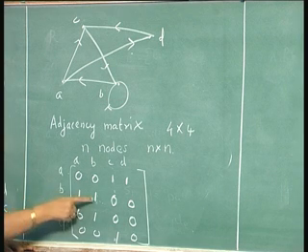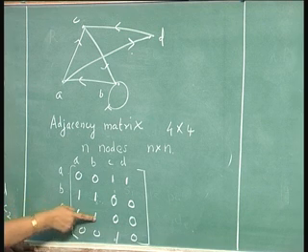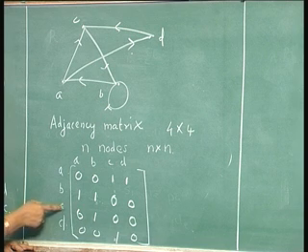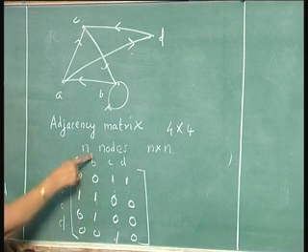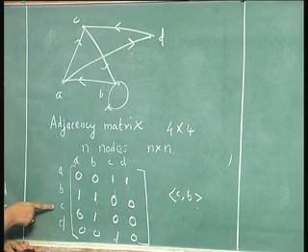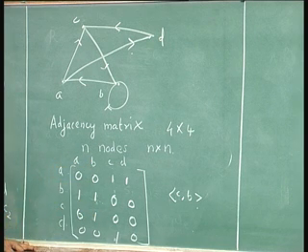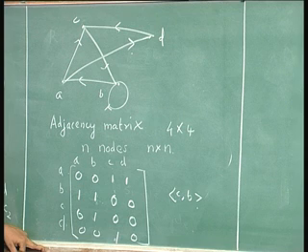So, if an element is 1, for example, it is 1 here, that means it is occurring in the row corresponding to C and the column corresponding to B. That means there is an edge from C to B, or the binary relation represented by the graph contains C comma B, the ordered pair. If the element corresponding to the row C and the column B has a 1 in it. This is one way of representing, and this is called the adjacency matrix of the graph, or of the relation represented by the graph.